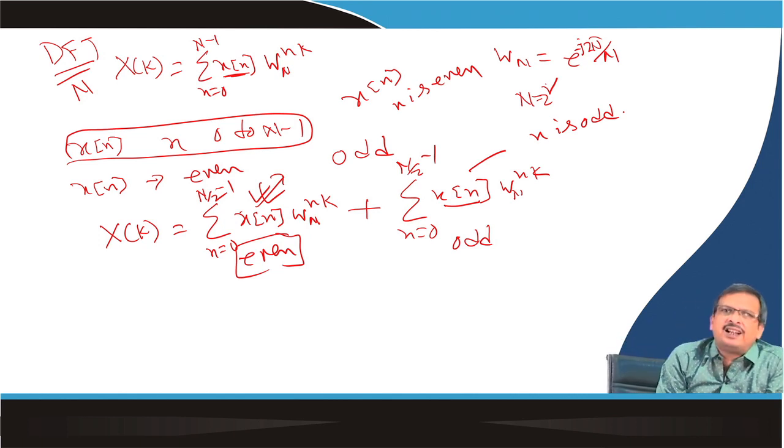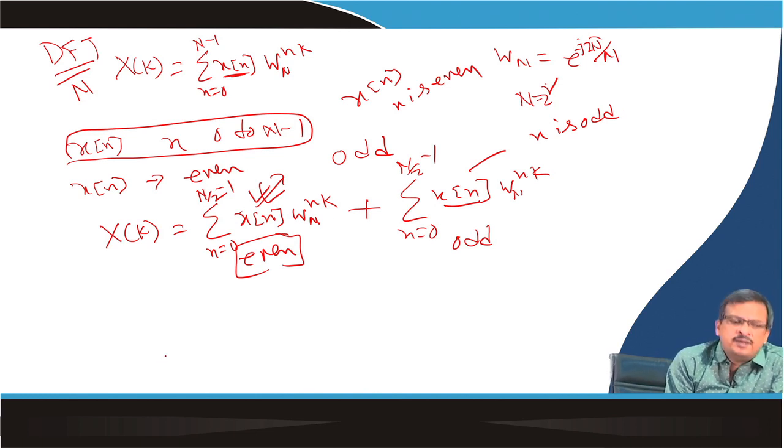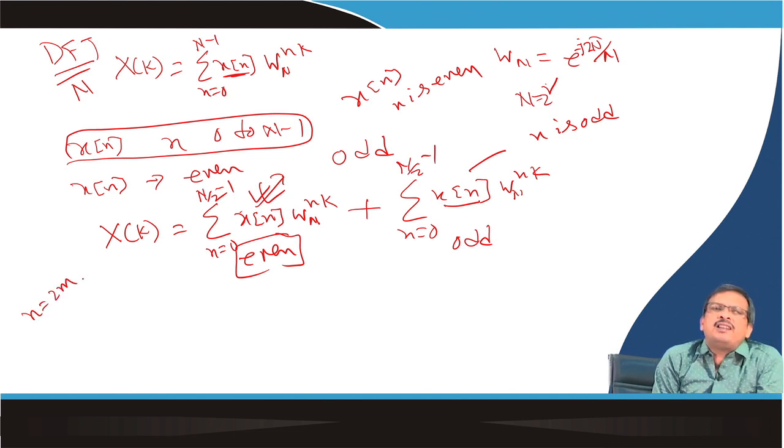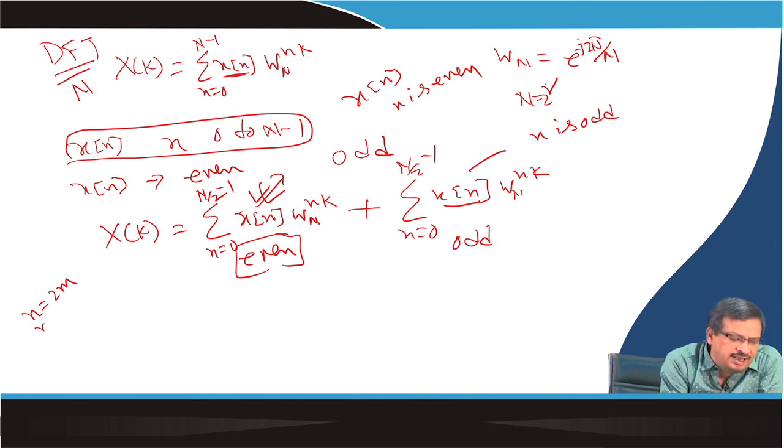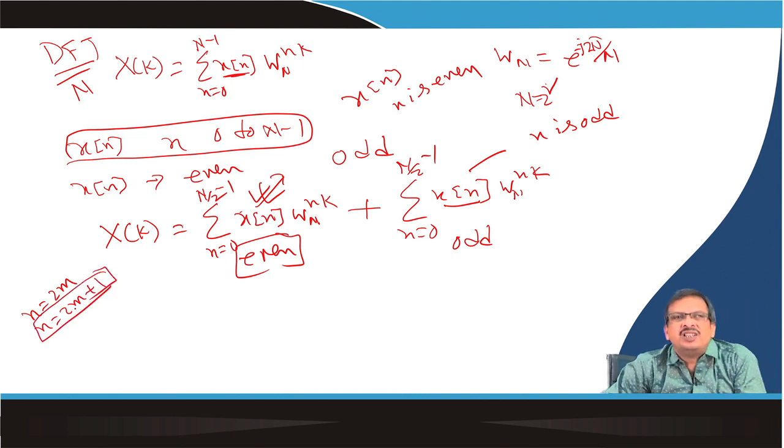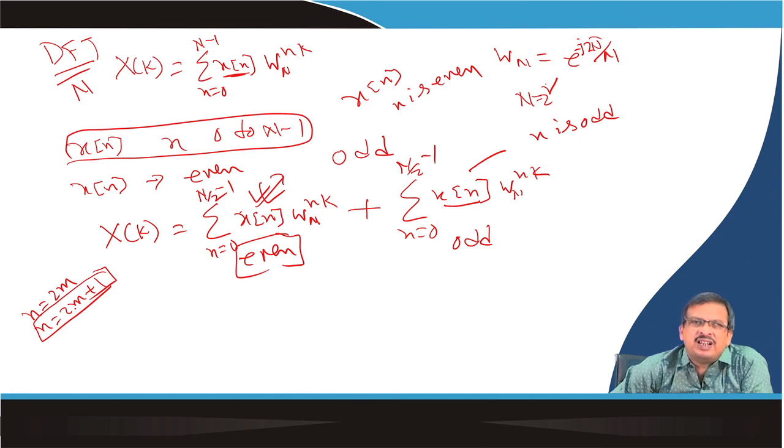If I say that in mathematics, how do I write an even number? I can say that n is equal to 2m represents an even number, where m is also an integer, and n is equal to 2m plus 1 always represents an odd number, where m is also an integer.